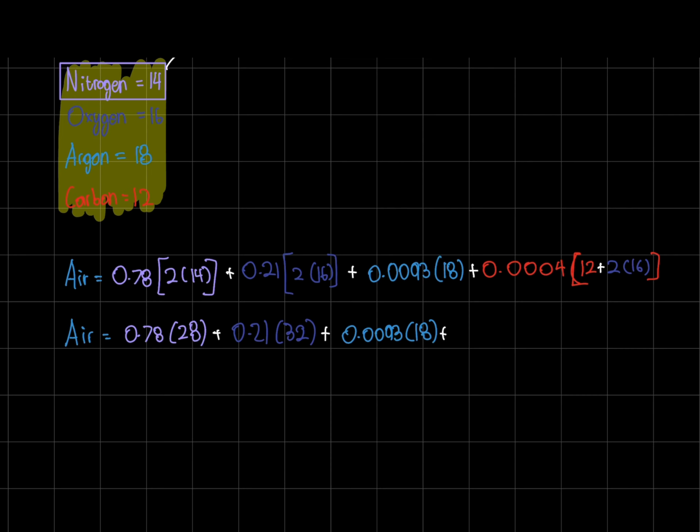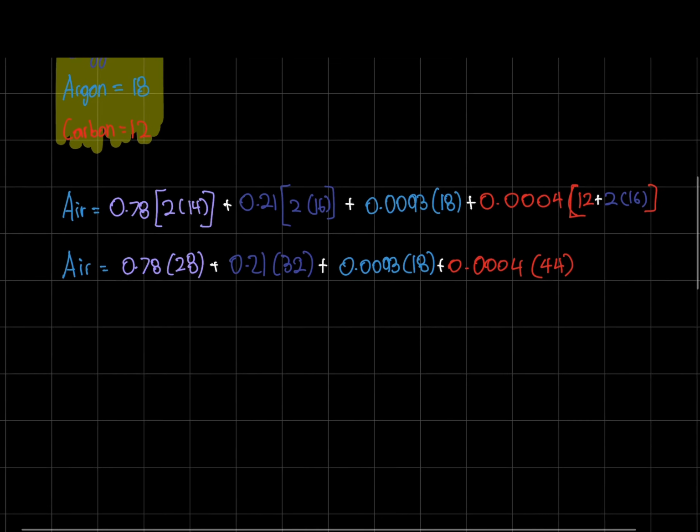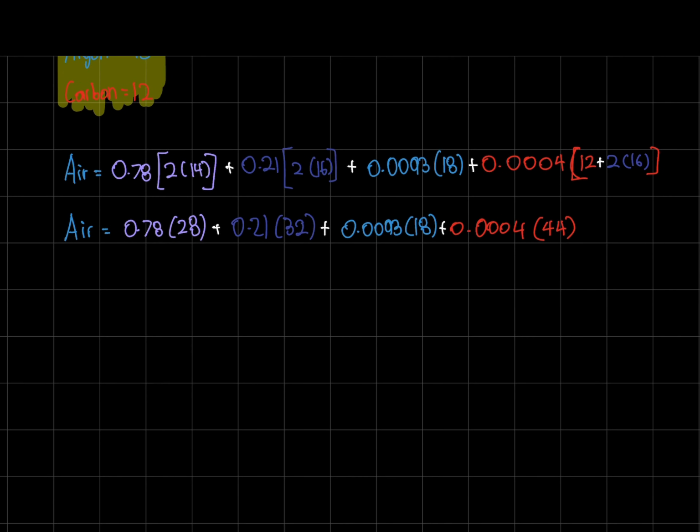Plus 0.0004 times 44. So that is going to be the mass of air. If you sub these values into a calculator, you will get 28.745. This is the molecular mass of air.